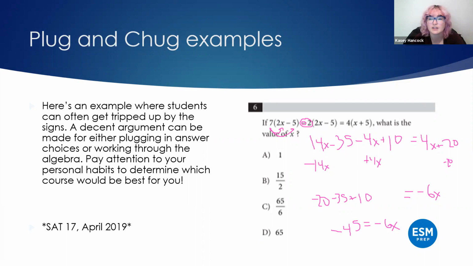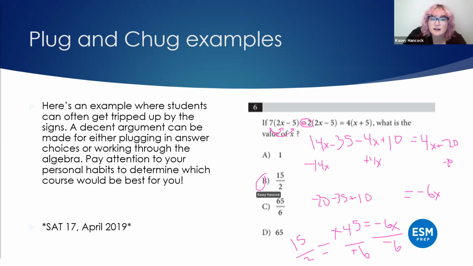And then you divide by -6, divide by -6. Okay, and then here, we instantly notice that this is not matching any of our answers, but we should be able to see that both negatives are going to cancel, obviously. And then both of these have a factor of 3, so we've got to simplify our answer, which will ultimately get us down to 15 over 2. 6 is 3 times 2, and 45 is 3 times 15.